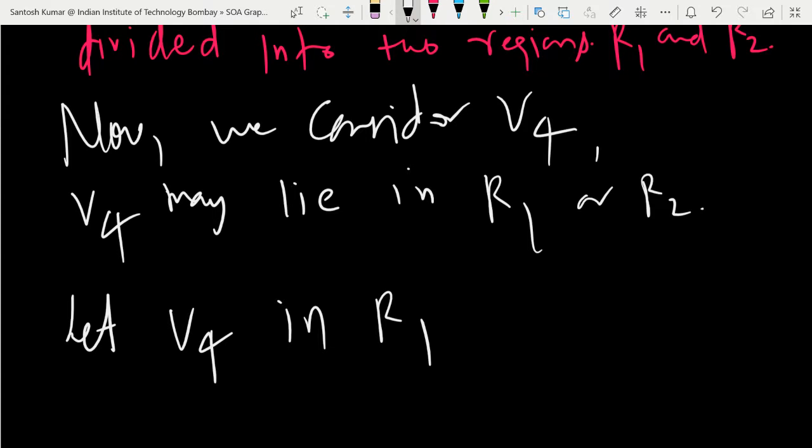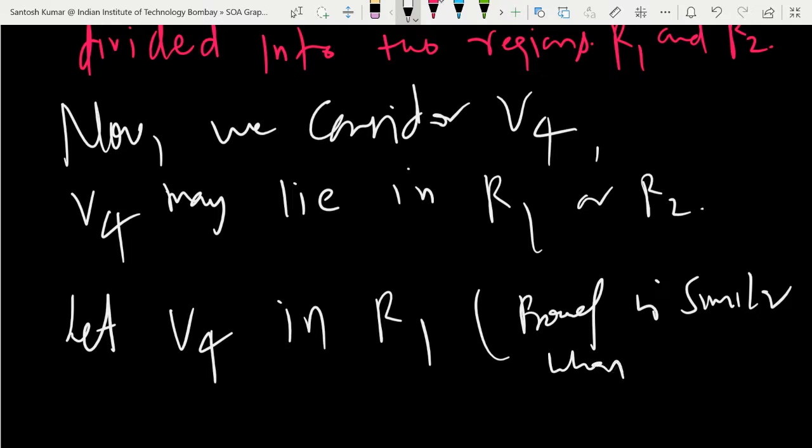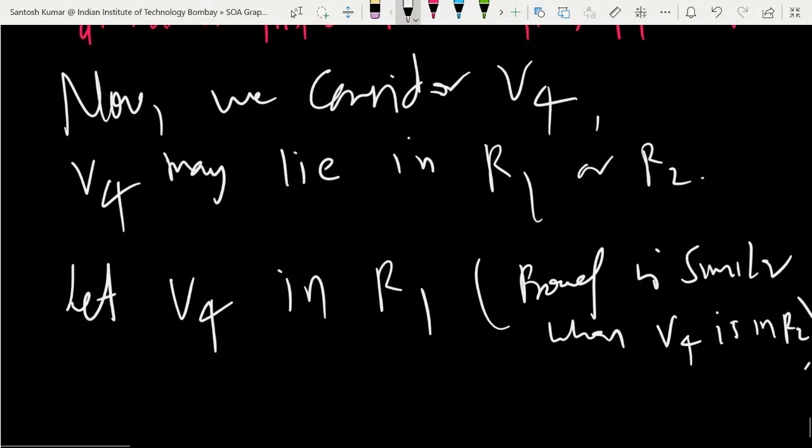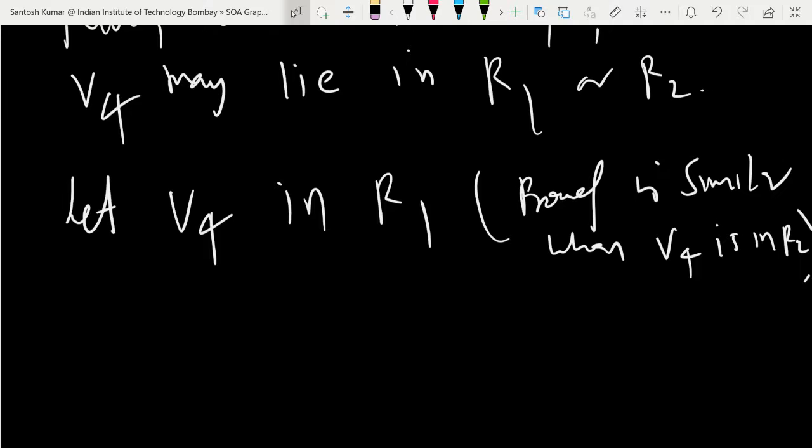So the fourth vertex I take in R1. The proof is similar when V4 is in R2. So similarly you can write the proof, no problem. So we started with V4 in R1, the fourth vertex in R1.